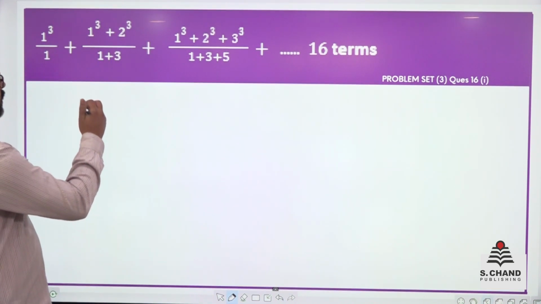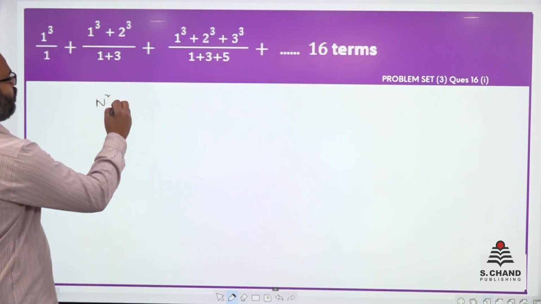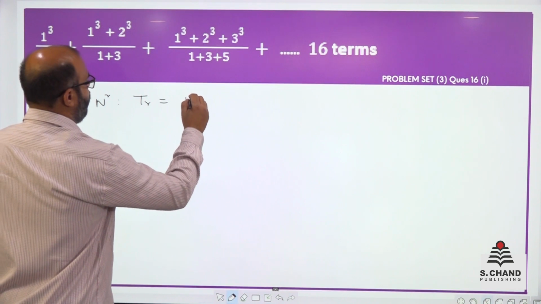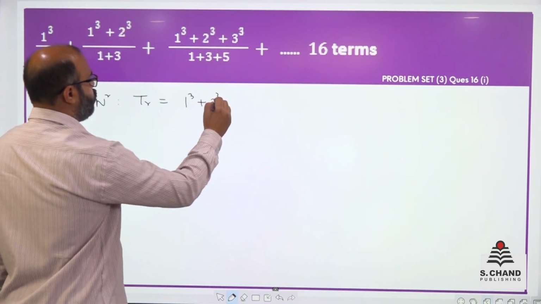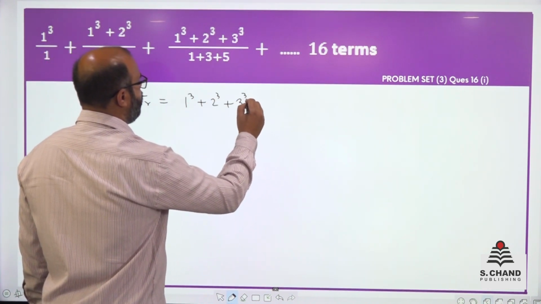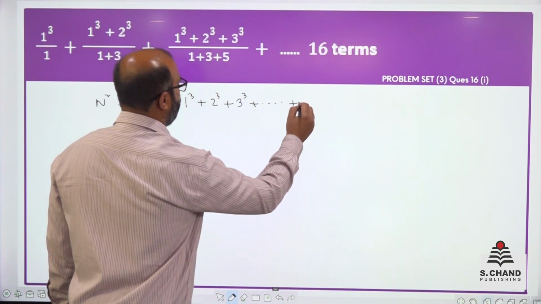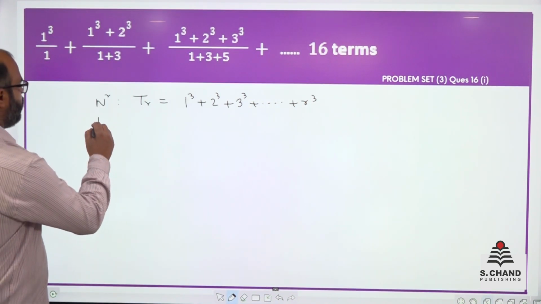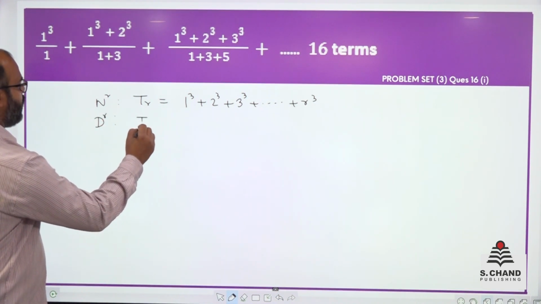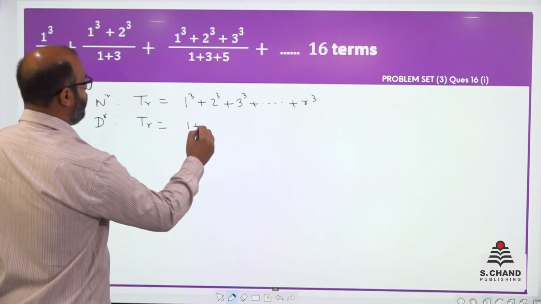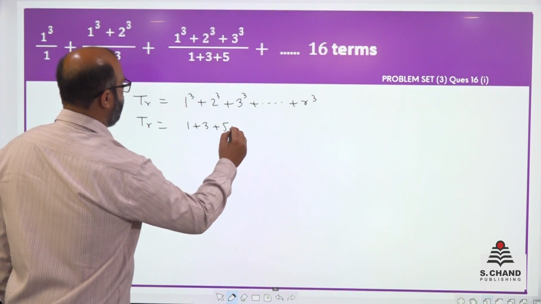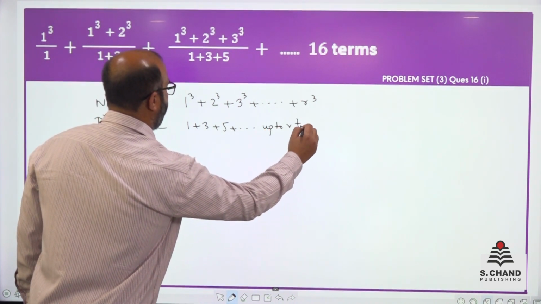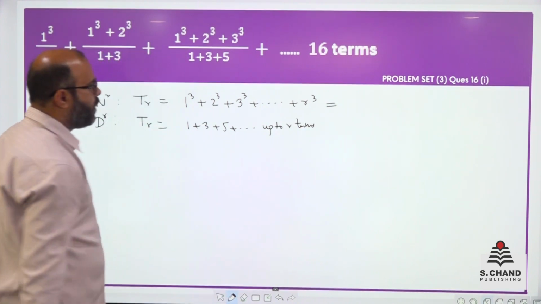So the numerator of the general term will be 1 cube plus 2 cube plus 3 cube, and so on till r cube. And the denominator's rth term is 1 plus 3 plus 5 up to r terms. Now can you individually find what the values are?